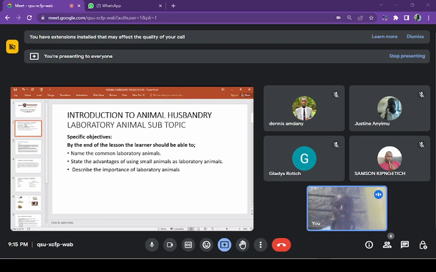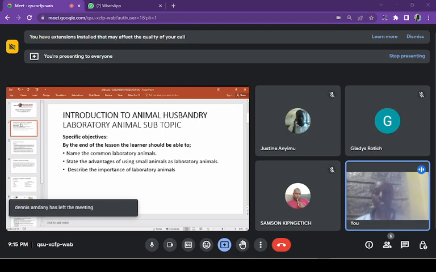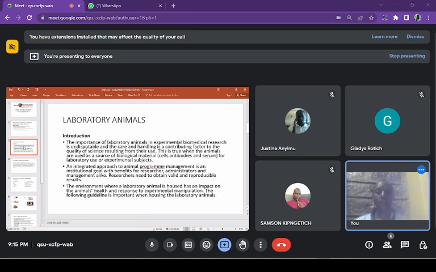Now today we want to see some of those common laboratory animals, what their importance is as they are kept in those laboratories, and why they prefer those small animals.